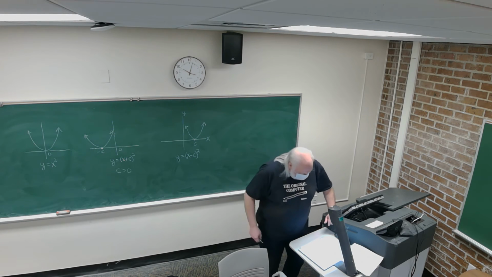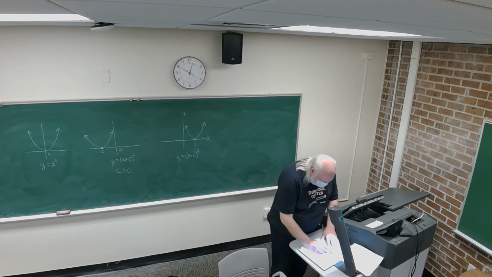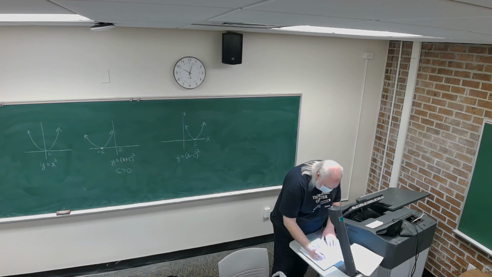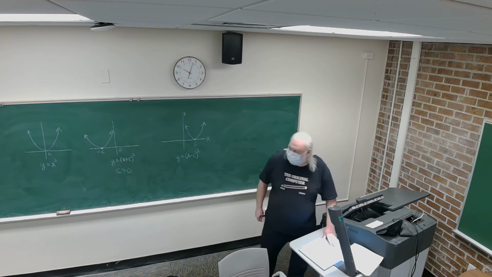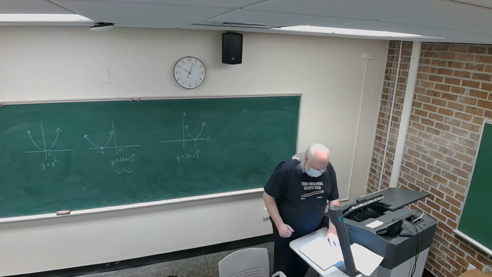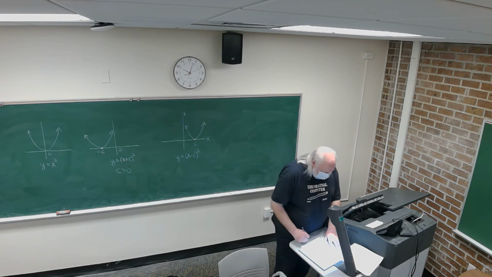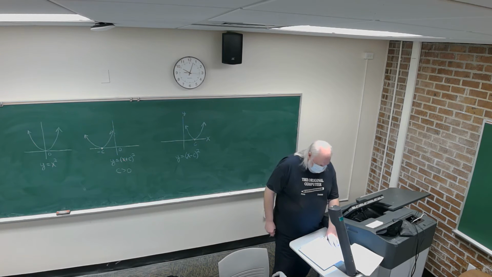So give the equation for the function whose graph is a graph of f of x equals x to the 1/3. You should recognize this as the cube root function, right? X to the 1/3 is the cube root of x. But we're going to use this version, x to the 1/3.